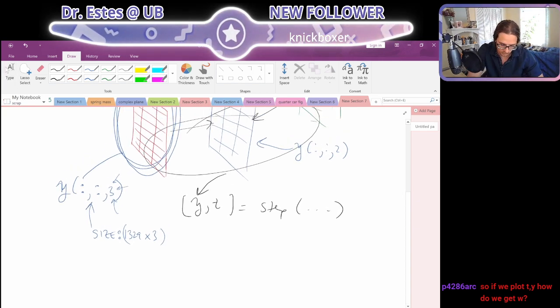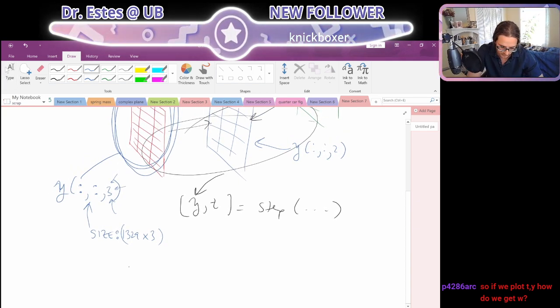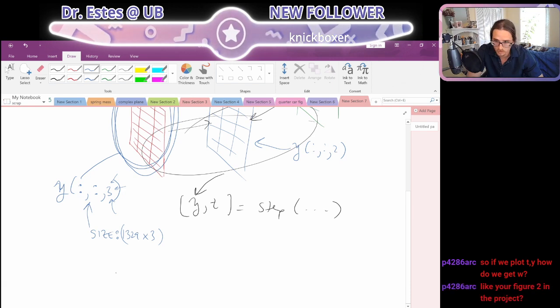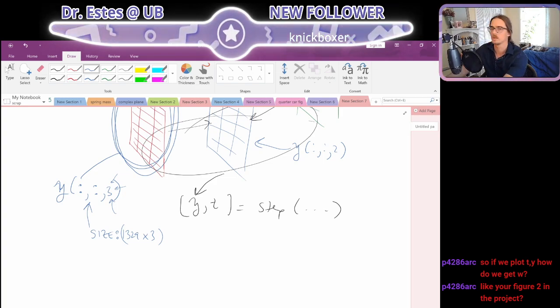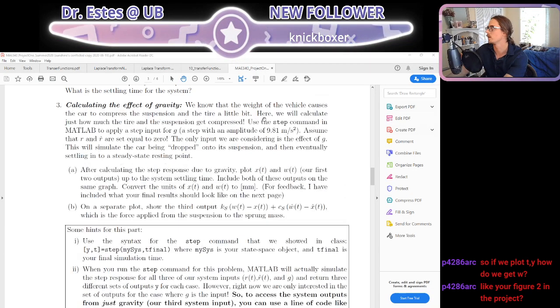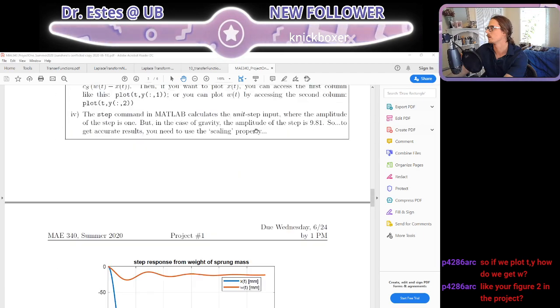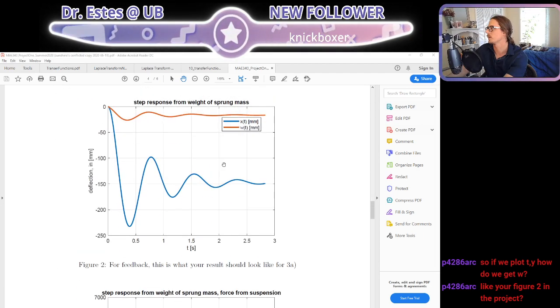Well, when you plot like figure 2 in your project, like this one, right?